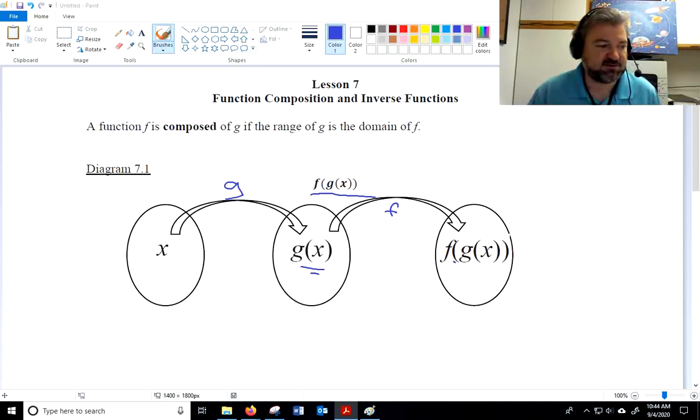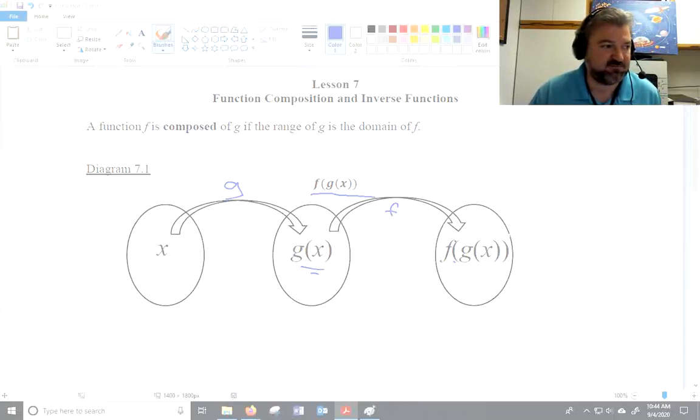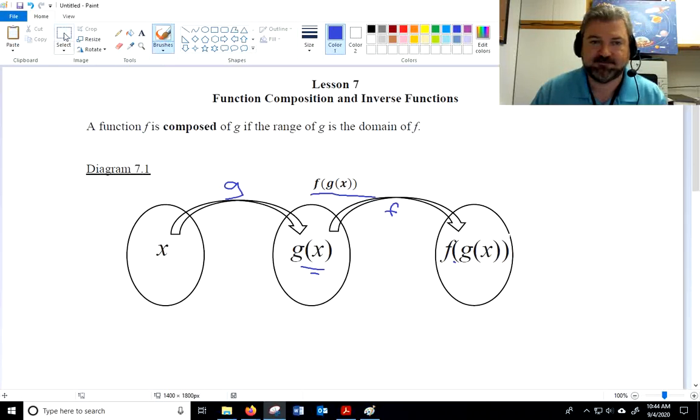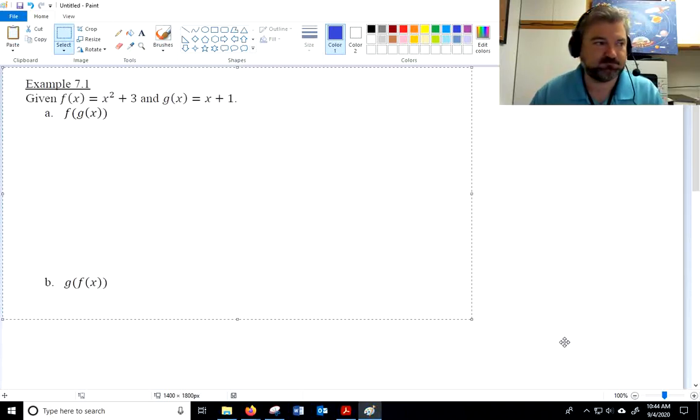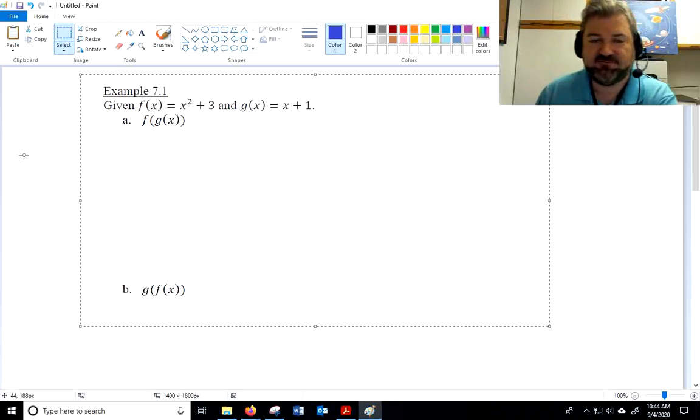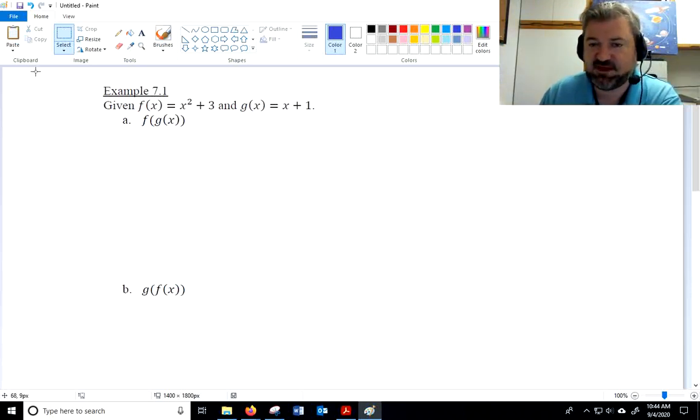All right, let's take a look at a couple of examples now that have some numbers in it. I've got f of x is equal to x squared plus 3x, and g of x is equal to x plus 1. We want to find f of g of x. So what I do is I take f, and I put g into it. So everywhere I see an x, I put x plus 1.